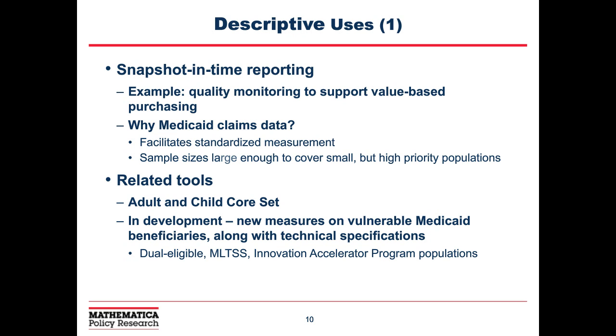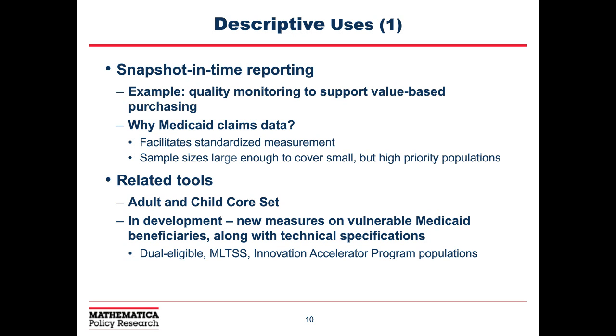And these 2 tasks, although they sound simple, can actually be devilishly hard when you get down to the details because they can require wrestling with somewhat complicated coding schema like diagnosis and revenue and procedure codes. And what's wonderful about the tech specs that have grown up to support these types of analyses is that they have pretty complex measurement algorithms that have been laid out nicely in a user-friendly way.